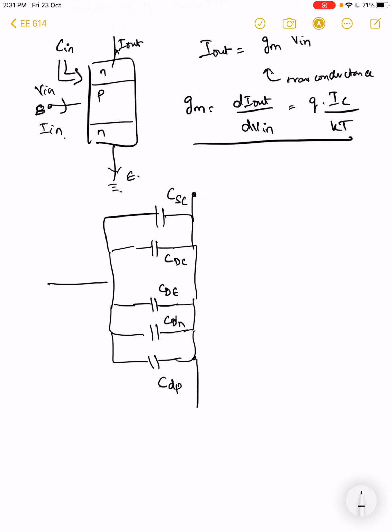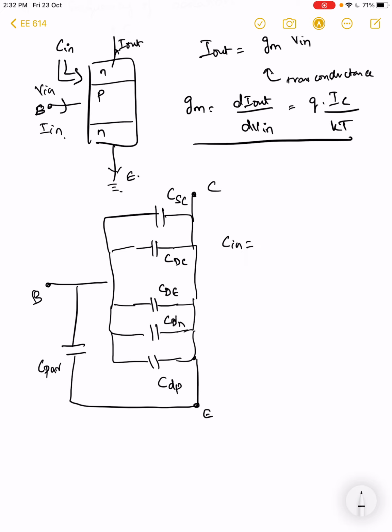Right. So this is the emitter, which is typically grounded, and you have a collector here and a base here. In addition to that, you have what is called a parasitic capacitance, which is all lumped together and put in this fashion between the base and the ground. So basically you have a C parasitic capacitance. This is the sum of all capacitances that are present, and you can see that they are all connected in parallel.